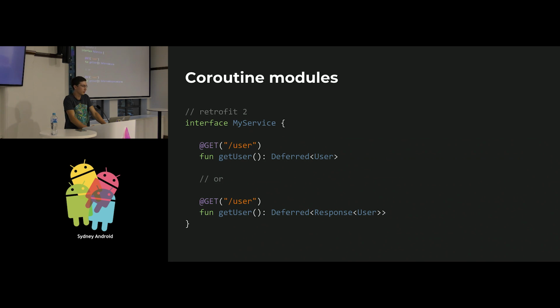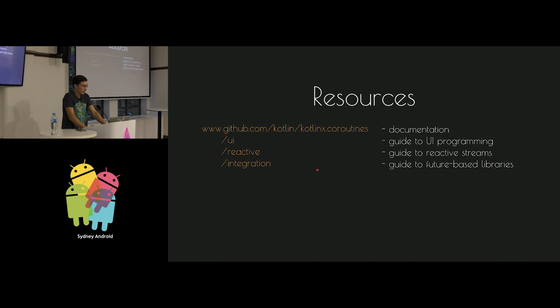Even for Retrofit, we already have an adapter. I believe it was written by Jake Wharton. It's still experimental, but whenever you add this adapter, you can declare your API and instead make it return a Deferred object. So the same way as you use a reactive adapter where you need to declare all your observables, you can declare a Deferred object.